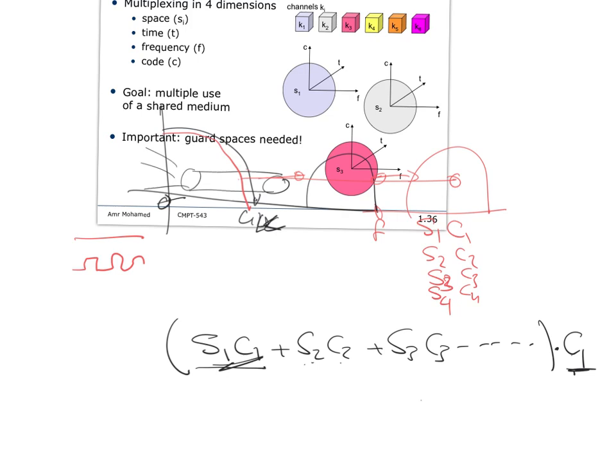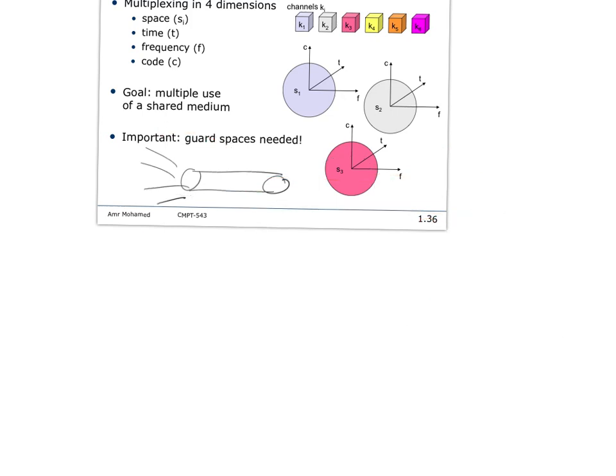Okay? It's very important to notice here that whether we talk about frequency or time or even code, there is a guard band. A guard band is needed. Why? Why? To avoid interference.